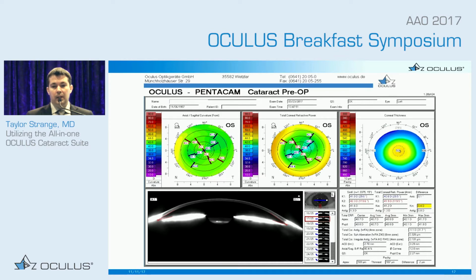And in this case, again, on the cataract pre-op screen, she's got pretty regular astigmatism that agrees with both the SimKs and the total corneal refractive power, with only a 0.1 difference in axis with the same magnitude. So I'm planning on correcting both her astigmatism and considering her post-refractive cornea to get her to her goal.